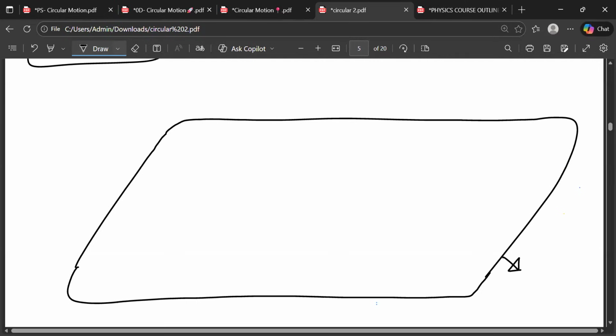So this is a smooth horizontal surface. Like that. So assuming we have our fixed point here, and then we start to have our body trying to move in a circular path.